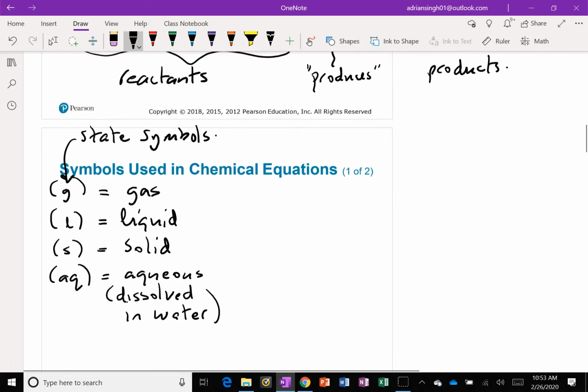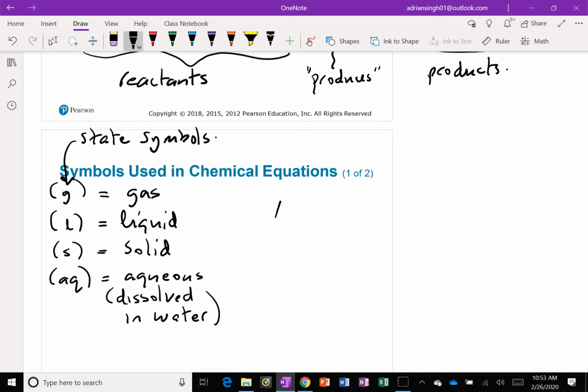Another symbol that you'll see is sometimes a triangle. Right? And it'll be placed either above or below the arrow. You don't always see it, but when you do see that triangle above or below the arrow, this means heat.